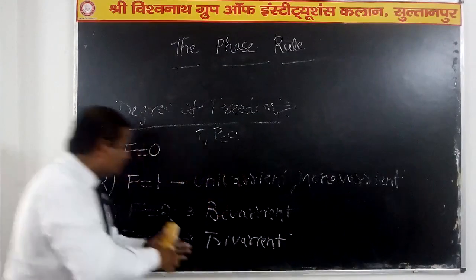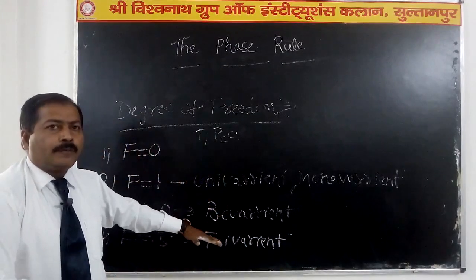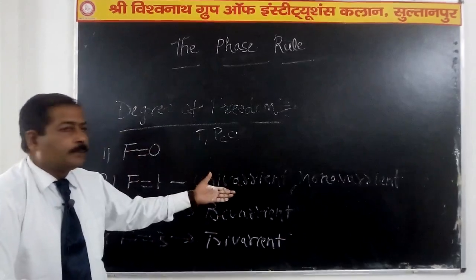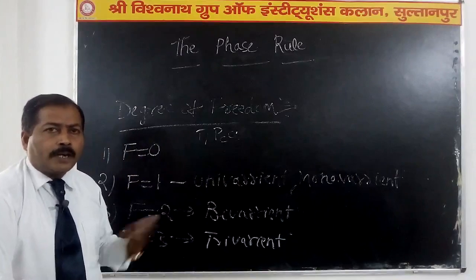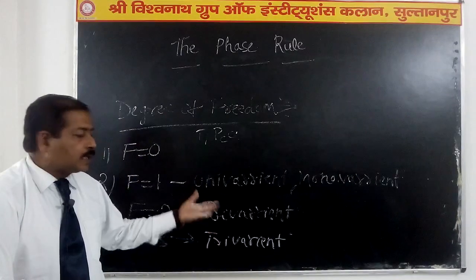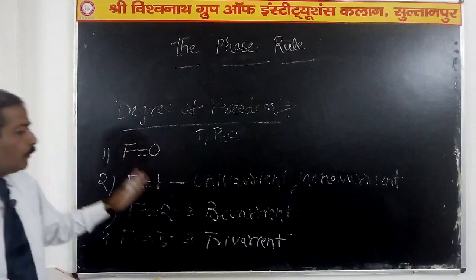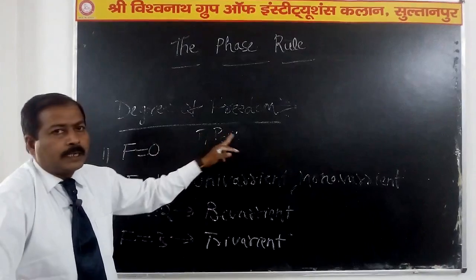It means for describing the different phase behavior of a particular system, however the solid is converted into liquid or liquid is converted into the vapor, this phase transition can be understood with the help of these three variables, that is the temperature, pressure and the concentration.